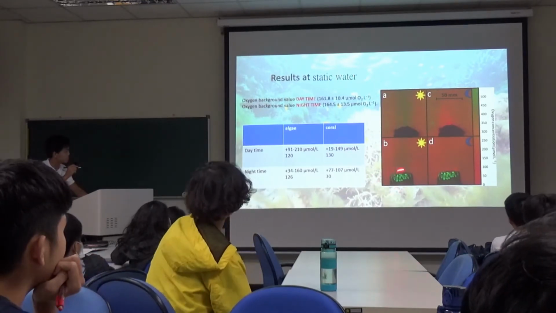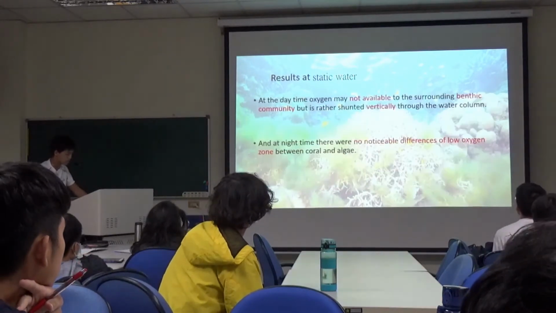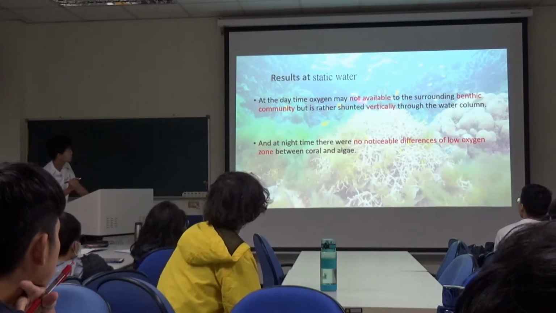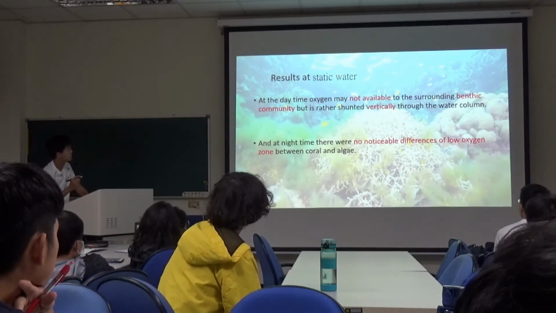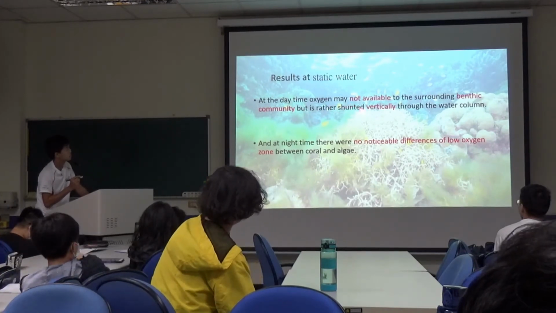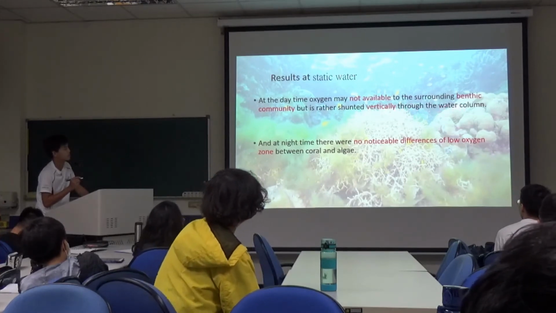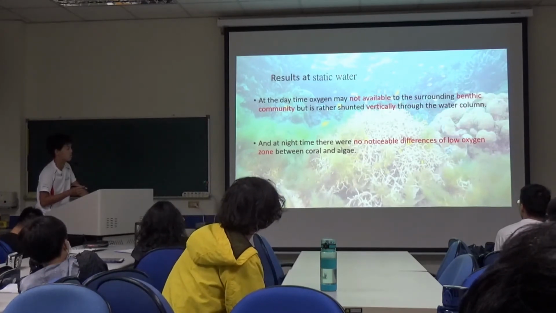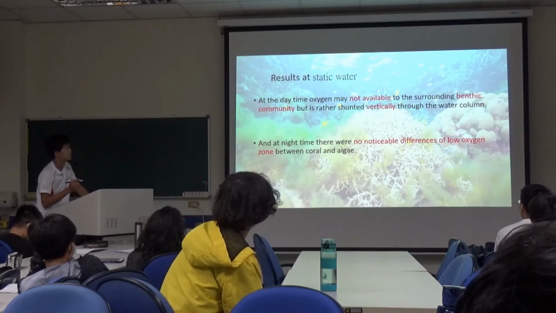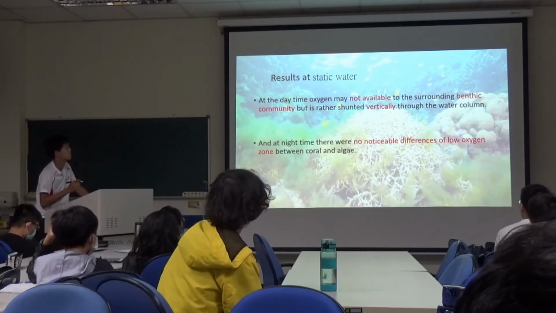This one is coral and this one is algae. And at daytime, the oxygen may not be available to the biological community, but rather shoots vertically through the water column because there is too much oxygen. And at nighttime, there was no noticeable difference in the low oxygen zone between the coral and algae.